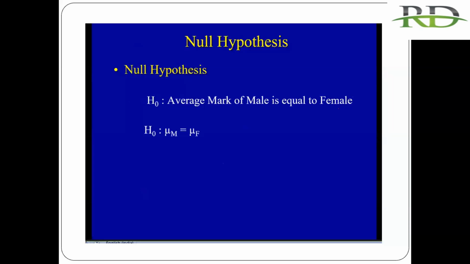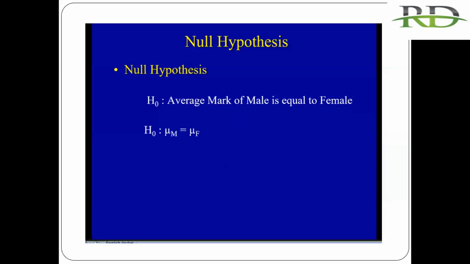Okay, so in this case, what will be our null hypothesis? We have to check this statement on the basis of our data. We have data of different male and female students in mathematics, and on the basis of present data, we have to test whether the average marks of male and female students are equal or not. Is it okay?